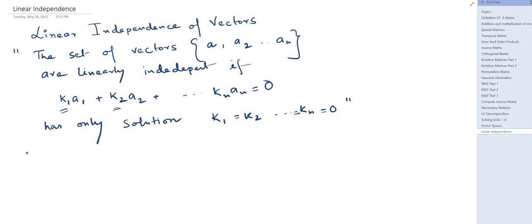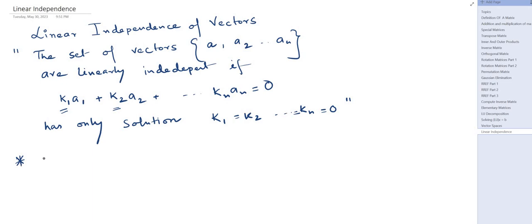So what exactly its meaning is that no vector in the set can be written as a linear combination of other vectors. No vector can be written as a linear combination of other vectors. That's a very important line actually.